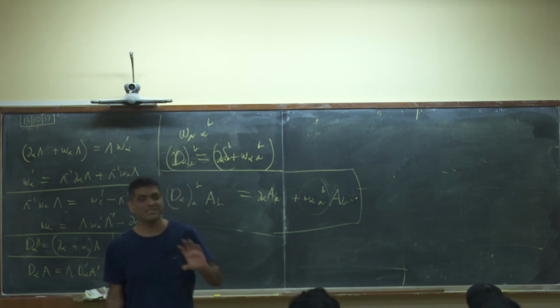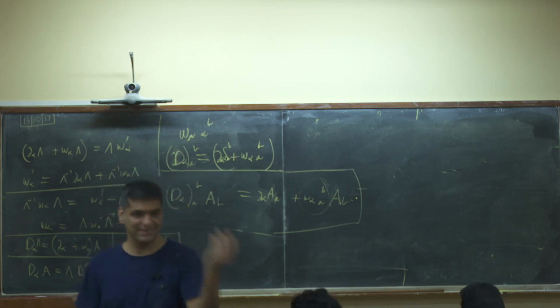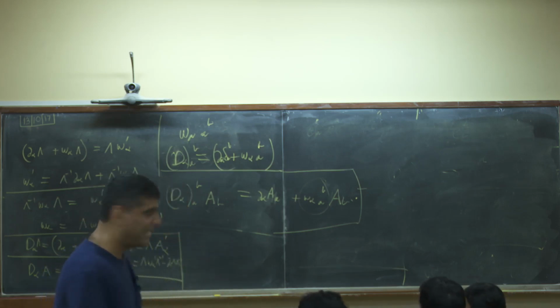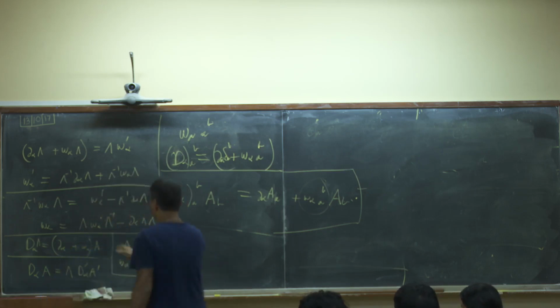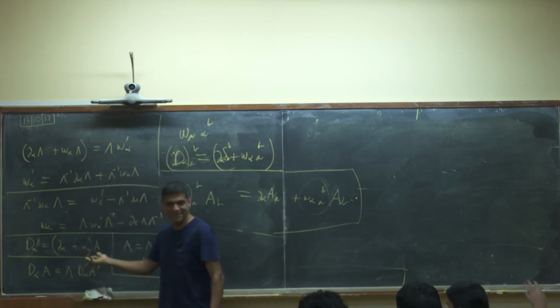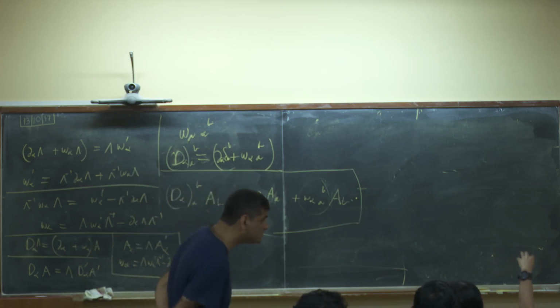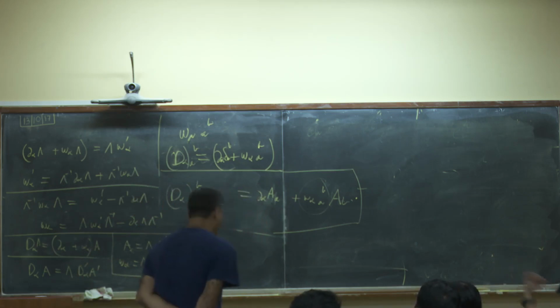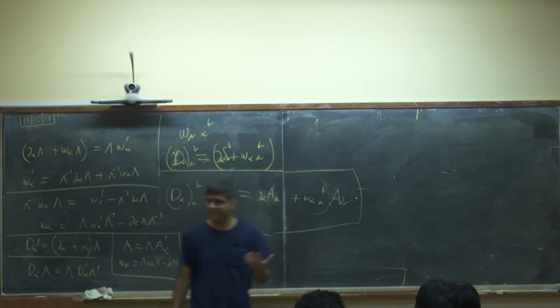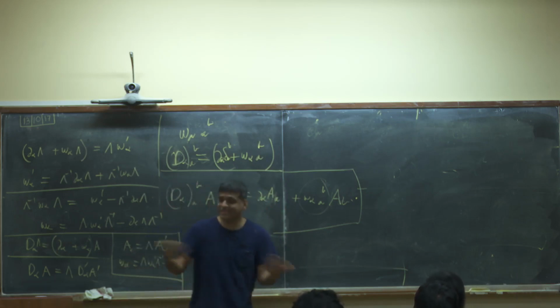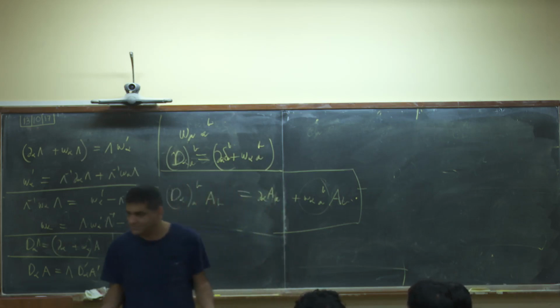Each index transforms in its own way, so for each index we will need a spin connection. So omega mu upper and omega mu lower, how would they be connected? I mean, just by the metric. Yeah. Omega alpha is just, in space-time, an ordinary one-form field.